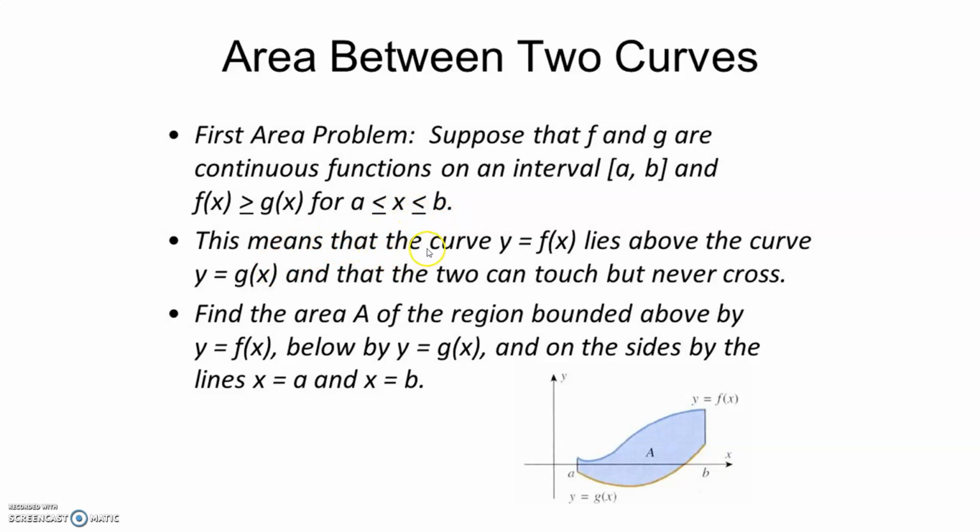This means that the curve y is equal to f of x lies above the curve y is equal to g of x, and that the two can touch but never cross. Find the area A of the region bounded above by y is equal to f of x, below by y is equal to g of x, and at the sides by the lines x is equal to a and x is equal to b. Diagrammatically, this is the enclosed area between two different curves.